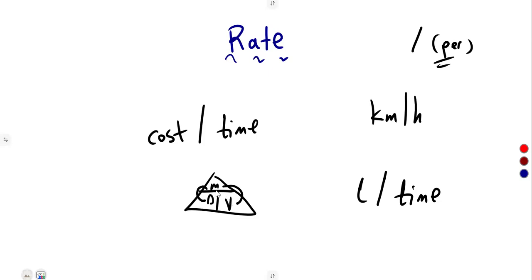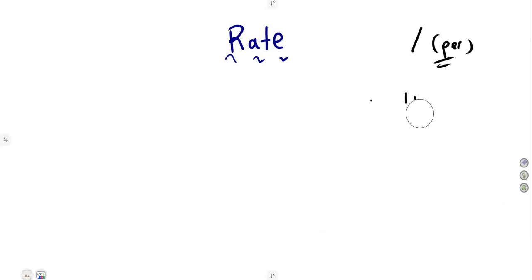So the moment I write this, mass over volume, mass in kilograms, volume per cubic meter, per cubic centimeter, is it grams per cubic centimeter? Once you see this concept, you are dealing with a rate. It is what? A rate.